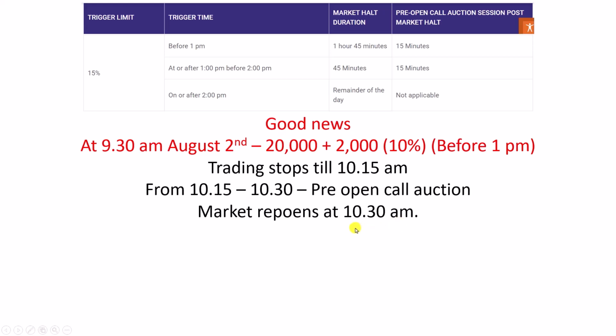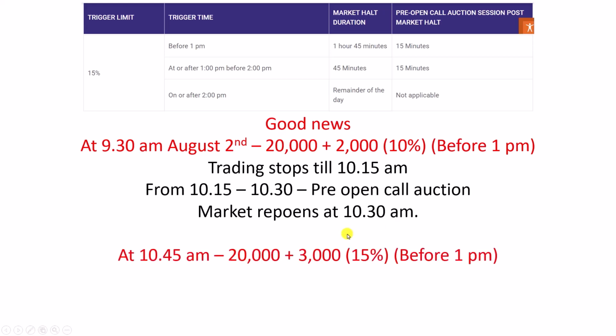Now, after the market reopens at 10:30 a.m., if once again Nifty hits the upper circuit or lower circuit of 15%, meaning Nifty goes to 23,000 on the upper side or 17,000 on the lower side before 1 p.m., then these rules apply.